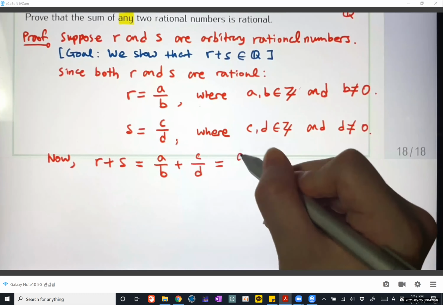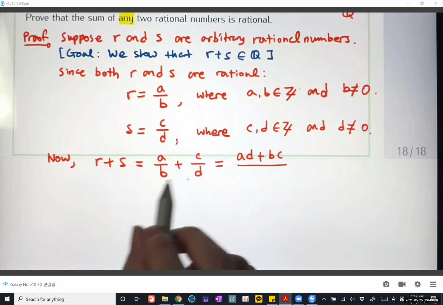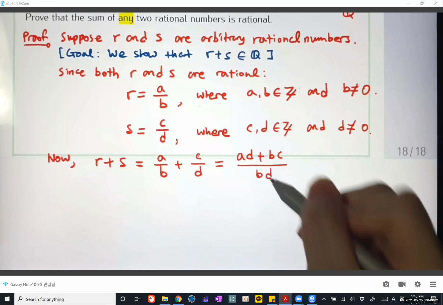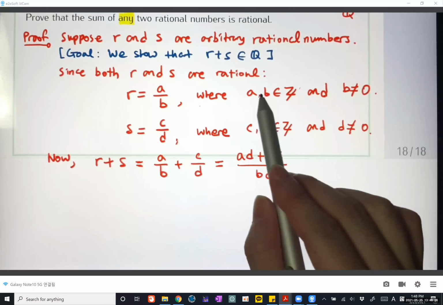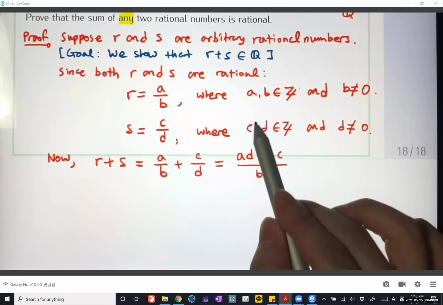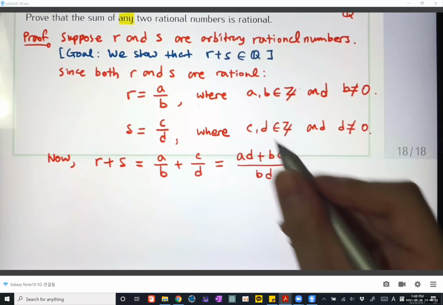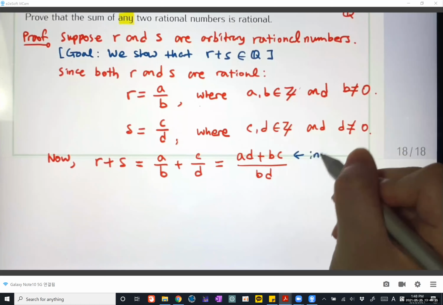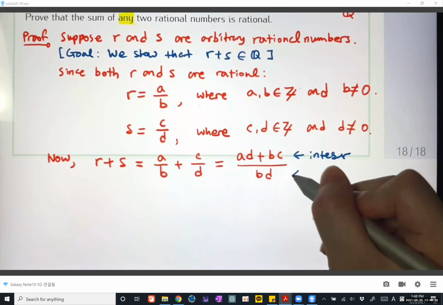So the numerator becomes AD plus BC over the common denominator of BD, like this. And you guys know that AD are some integers, BC are some integers. So AD plus BC is just an integer. And BD is also an integer.